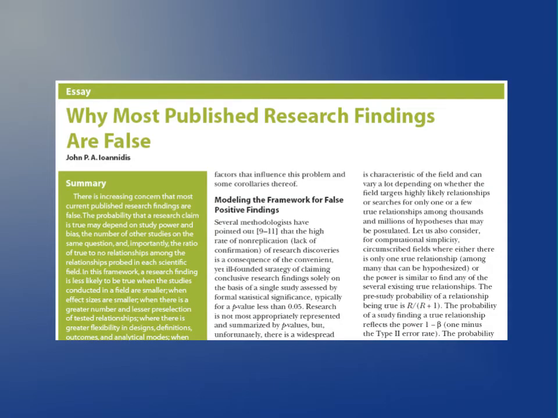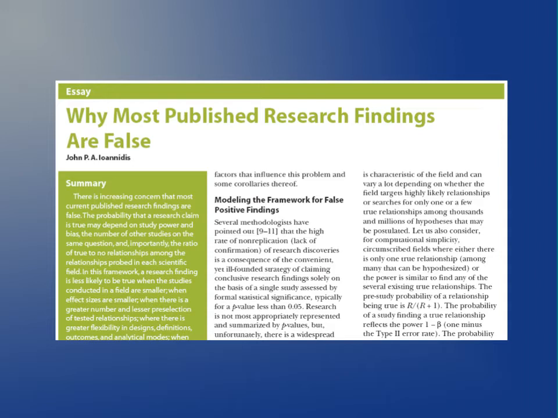So I always start with this particular slide that is one of my favorite papers by John Ioannidis. As you can see the title, Why Most Published Research Findings Are False. This paper was published in PLOS Medicine, I believe.